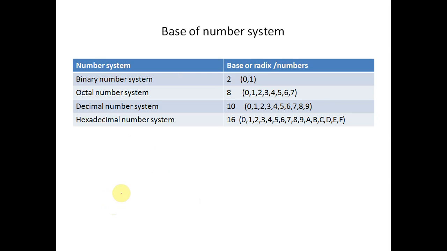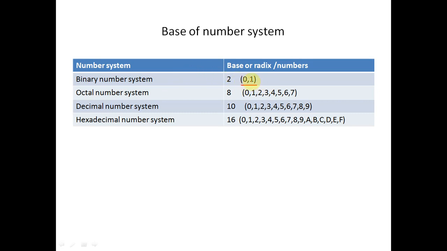Now, the second outline of this lecture is the base of number system. There are 4 number systems. Binary number system. In binary number system, there are 2 values present, 0 and 1.